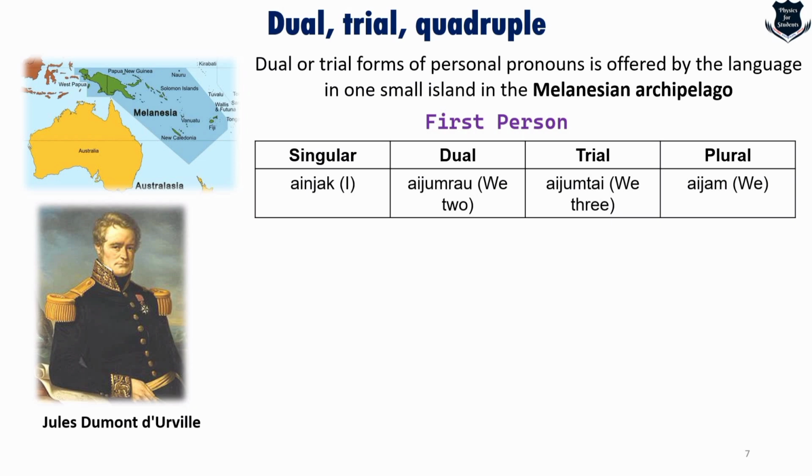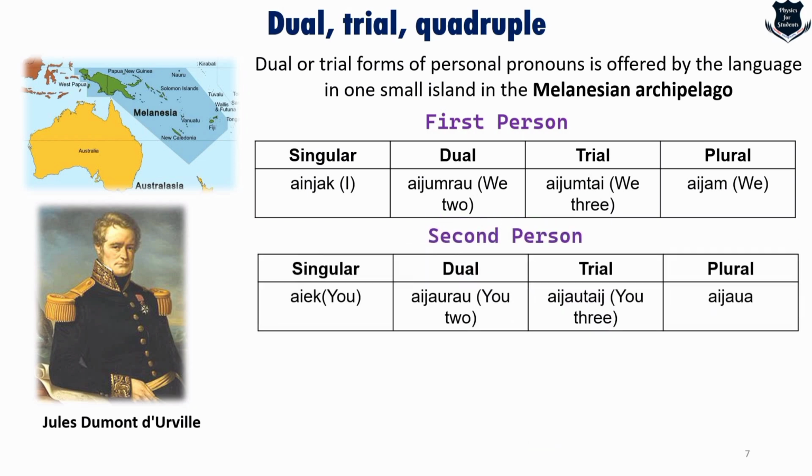Now, I sincerely apologize if I am pronouncing these words incorrectly, because these are the dual or trial forms of pronouns offered in the language of the Melanesian archipelago. So you see, the first person is called Ainjak, Aijum Rao, Aijum Tai, and Aijam.